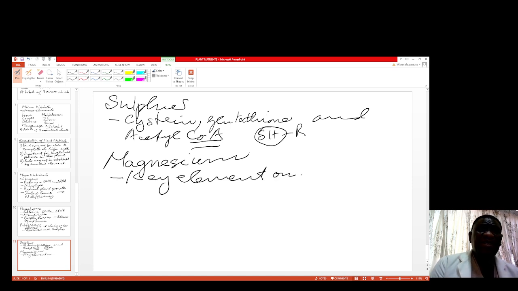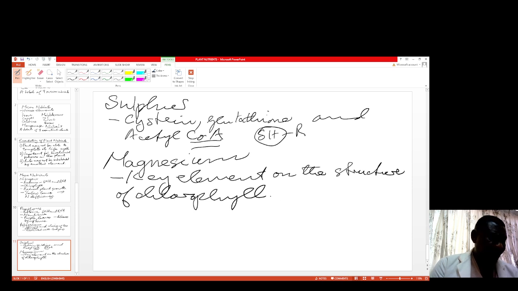On the structure of chlorophyll. And it is important for photosynthesis.